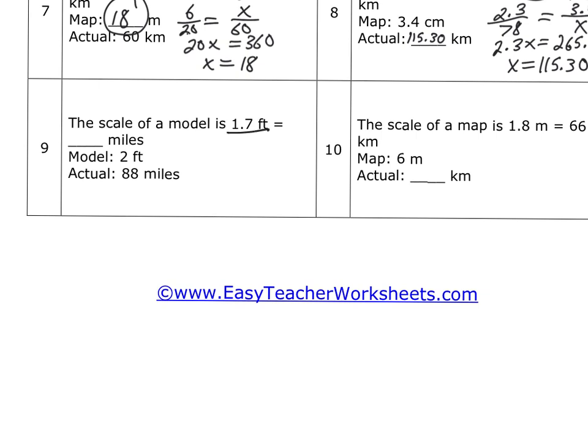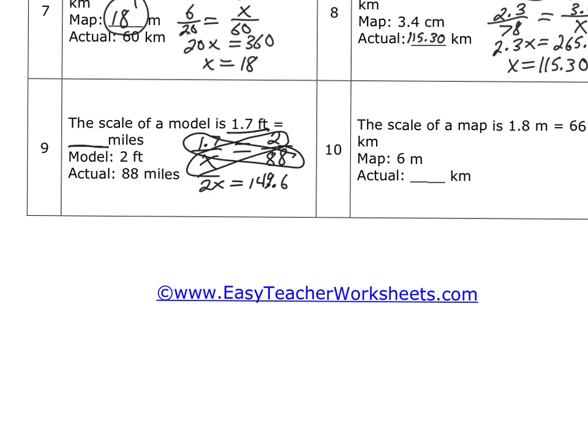Scale of a model is 1.7 to unknown. So we have our map. Whoops. We have our map, but we don't have our actual. We have our map. We have our actual. Cross multiply. You get 2x is equal to 88 times 1.7, which is 149.6.